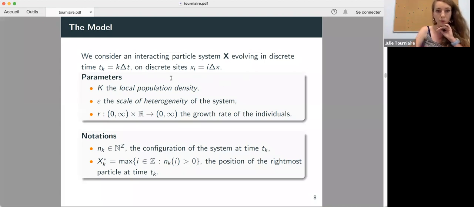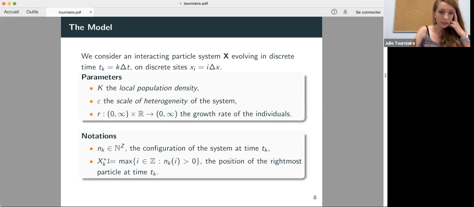And again, we have the three parameters: the local density capital K, which can be seen as the strength of the competition in the particle system, so the larger K, the weaker the competition; then epsilon, the scale of the heterogeneity of the environment; and the growth rate r that takes only positive values. So again, we denote by n_k the configuration of the system at time t_k.